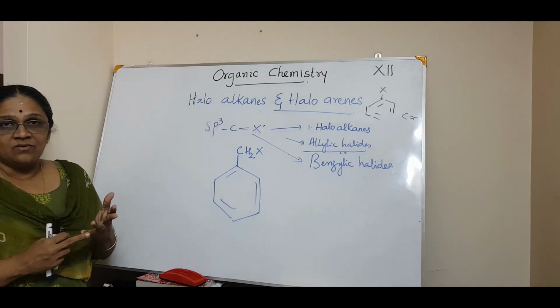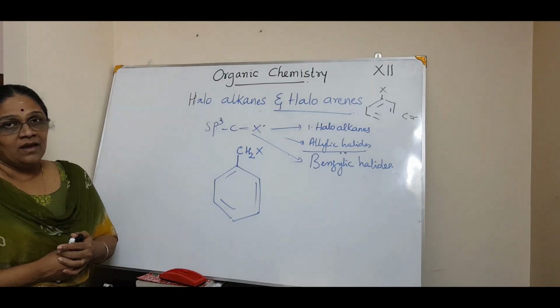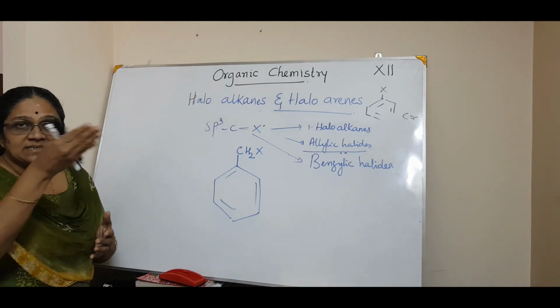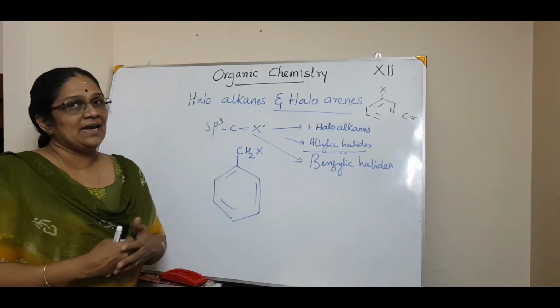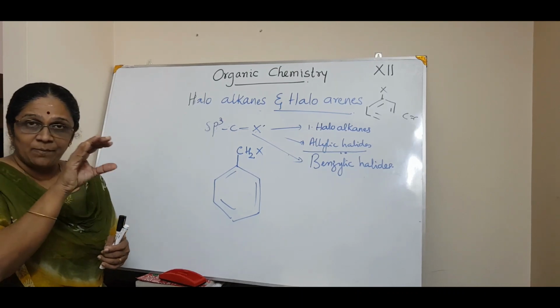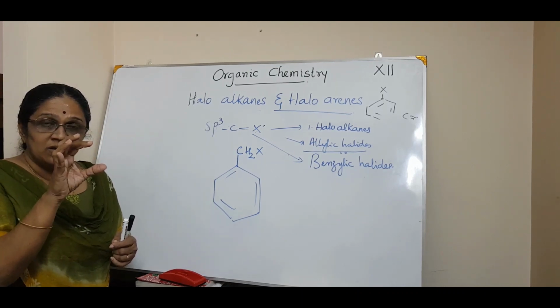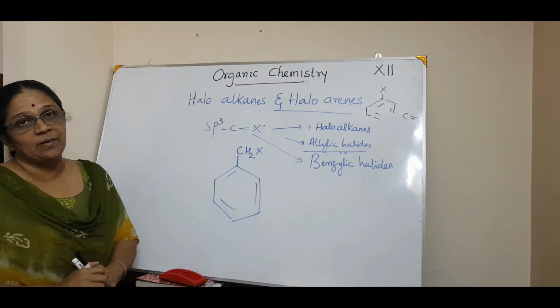First was haloalkanes or alkyl halides, based on primary, secondary and tertiary. The second one was allylic halides. You understood what is allylic? That is, the carbon-halogen bond carbon is attached to a carbon-carbon double bond.